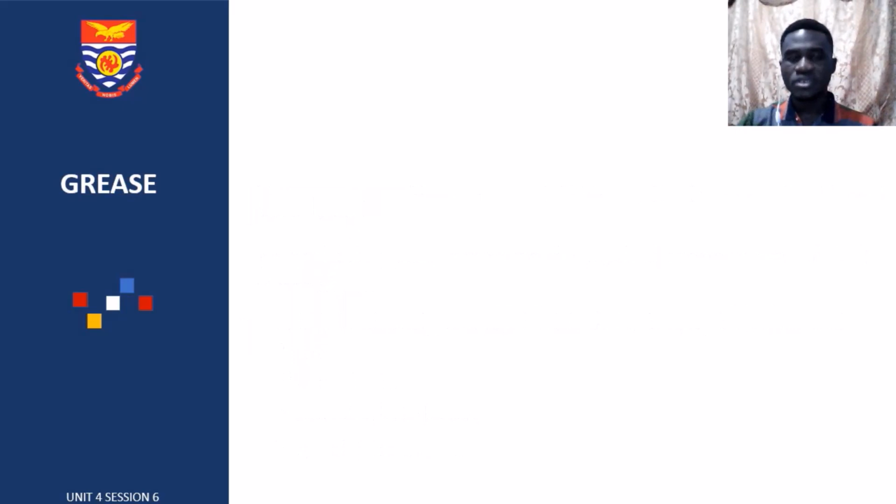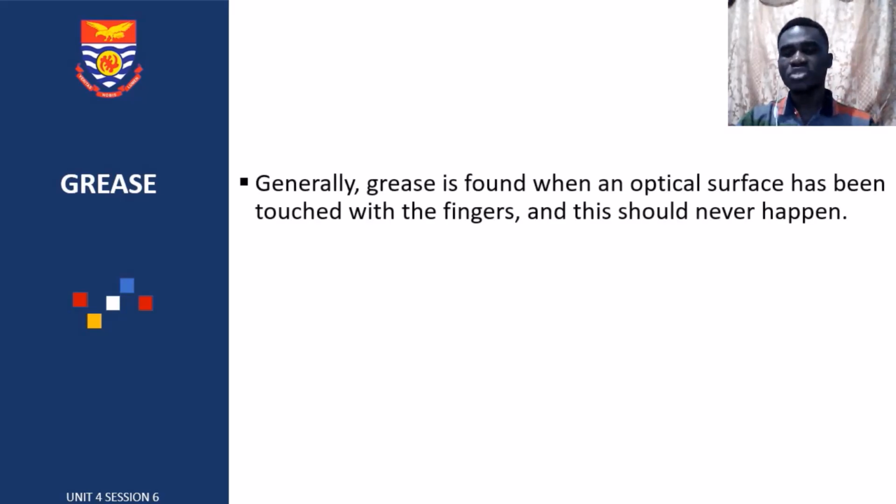One other cause of unsatisfactory performance of the optical instruments we use in the laboratory is grease. We should not allow it to settle on the surfaces of our optical instruments. But how does grease get into contact with them?